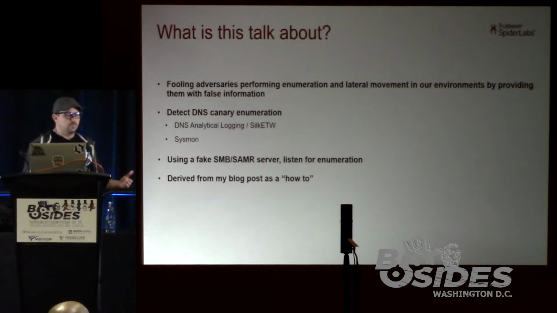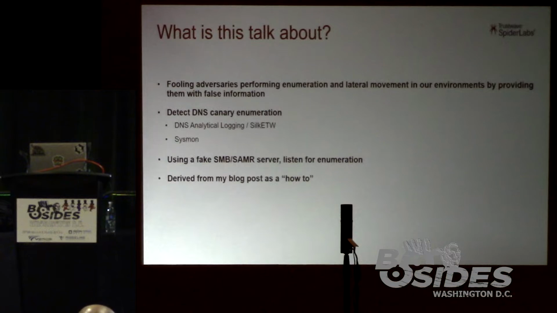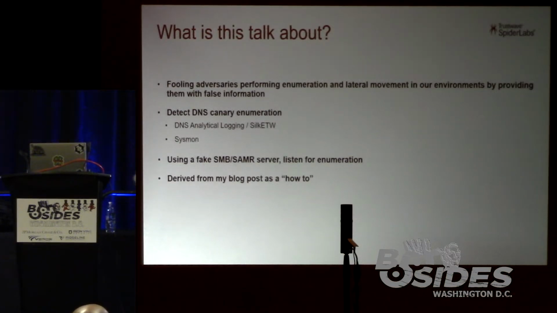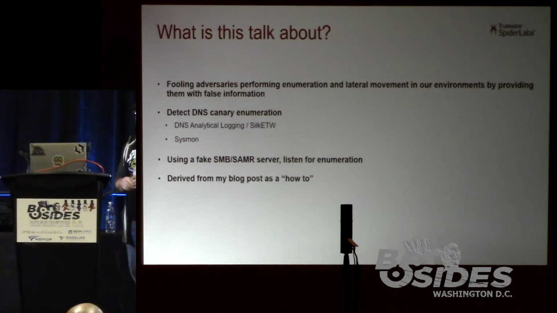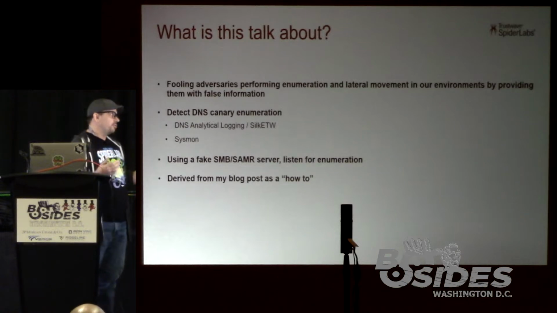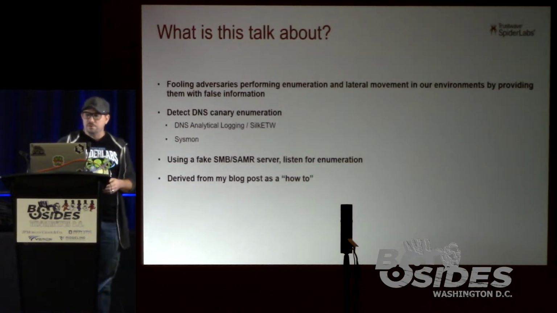I ported a bit of SMB server from Impacket and implemented a SAMR server which listens for enumeration. So when an adversary comes into the network and wants to ask who's local administrator on this machine, they query the SAMR service, and then we respond with fake data and alert on that query. This is derived from my blog post. It's more of a how-to, but I'm going to skip some of the how-to for this, so hopefully I come in on time.